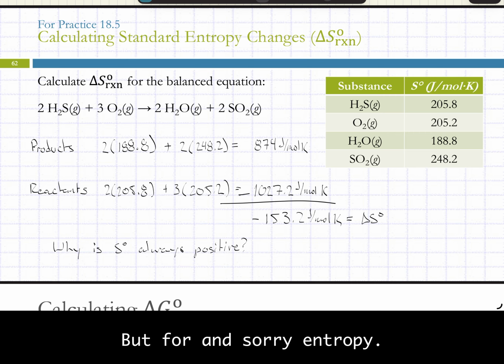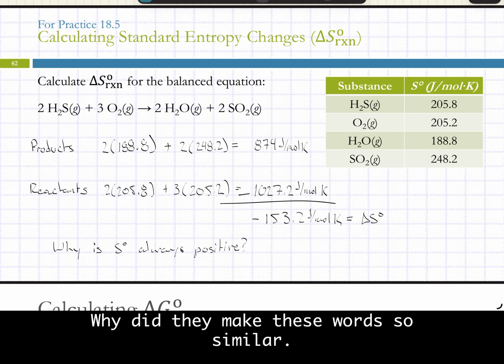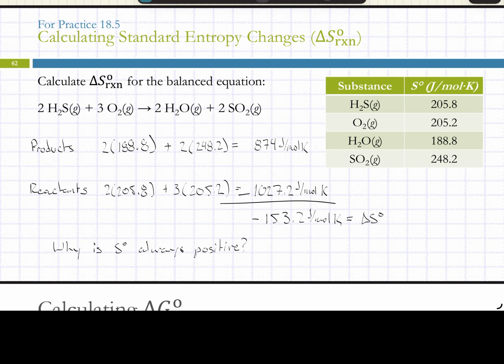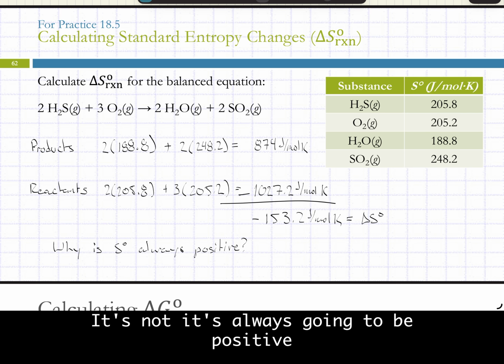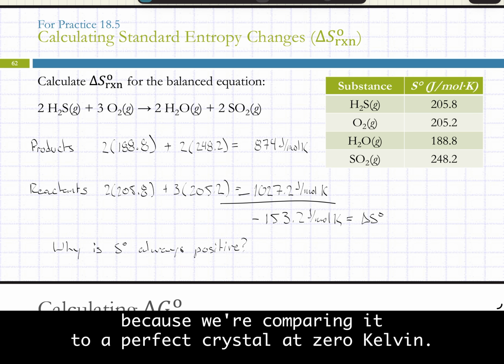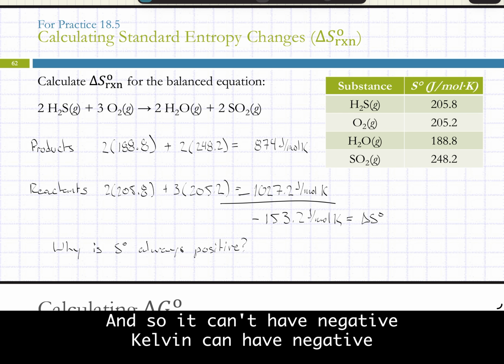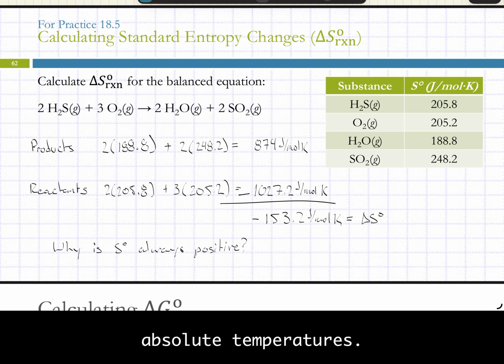But for entropy, why do they make these words so similar? For entropy, delta S, or sorry, S0, right, S naught, it's always going to be positive because we're comparing it to a perfect crystal at 0 Kelvin. And so we can't have negative Kelvin, can't have negative absolute temperatures.